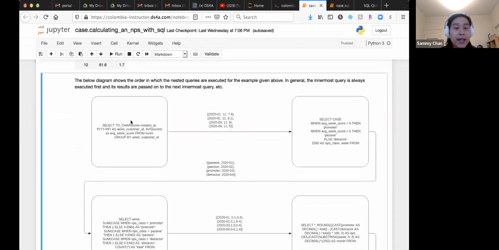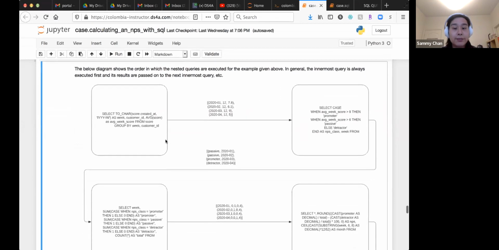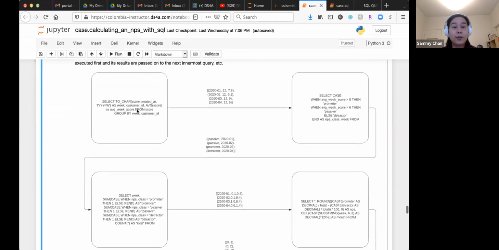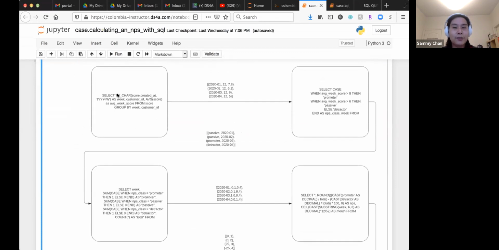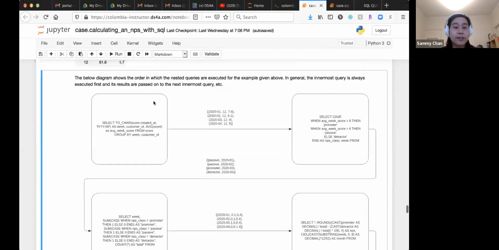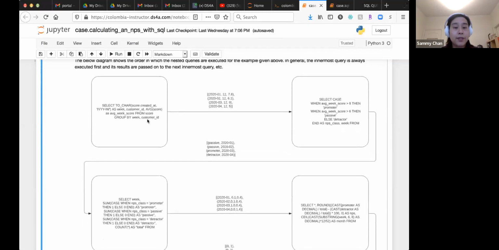So here we have a diagram that summarizes what we did. It's a lot, I understand. And the corresponding output. So let's review it once again quickly. First we selected the customer ID and the score that they gave every week.